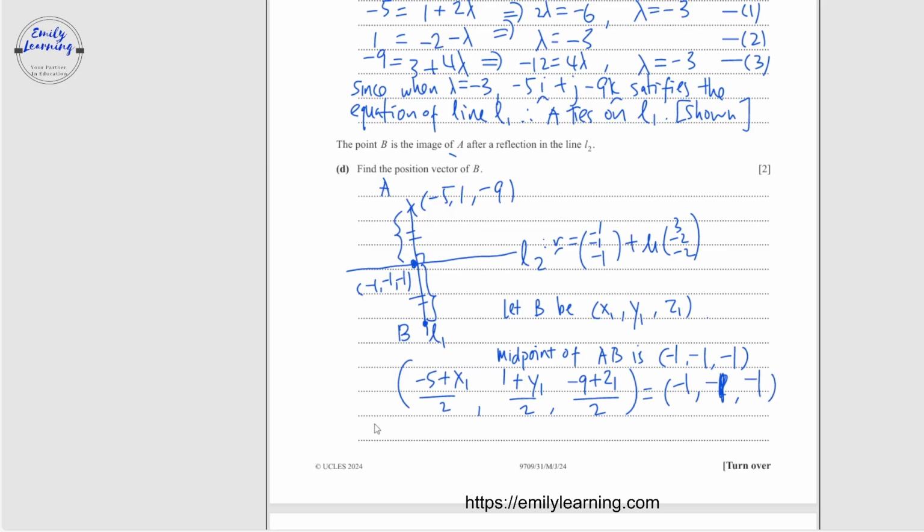So from here, (-5 plus x1) over 2 equals minus 1, so x1 equals minus 2 plus 5, which is 3. (1 plus y1) over 2 equals minus 1, so y1 equals minus 3. (-9 plus z1) over 2 equals minus 1, so z1 equals 7. So I know that the position vector of B is 3i minus 3j plus 7k.